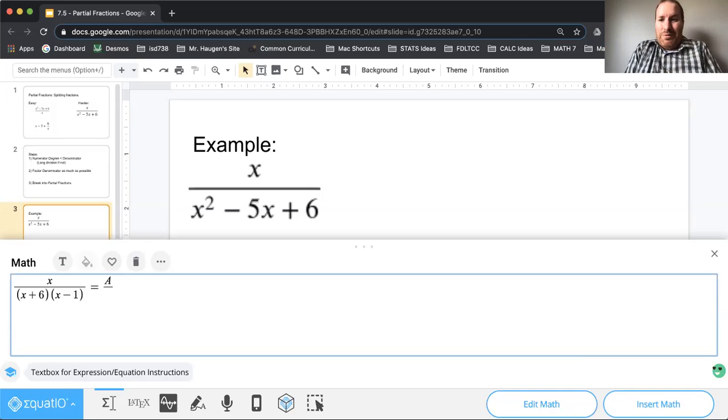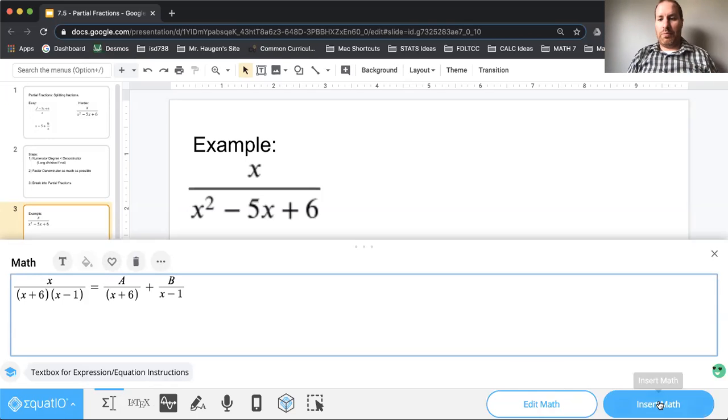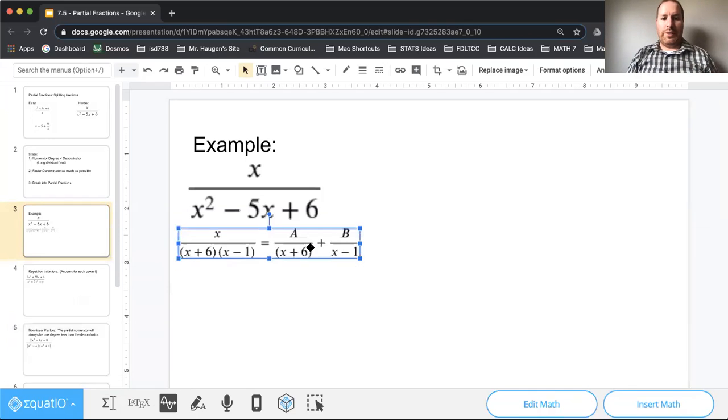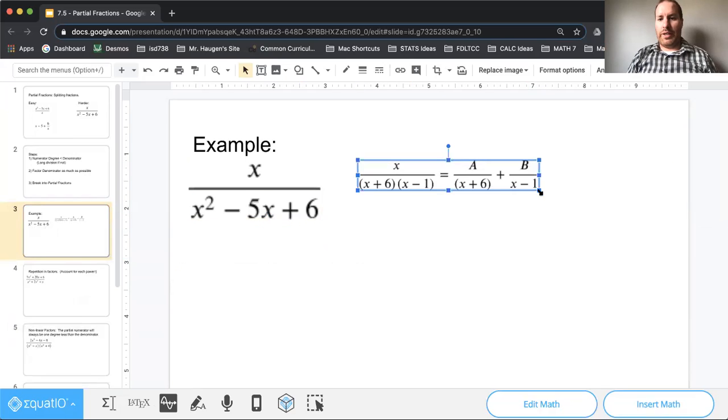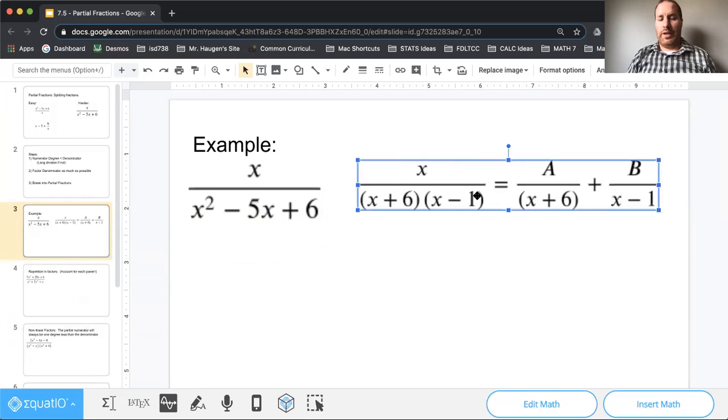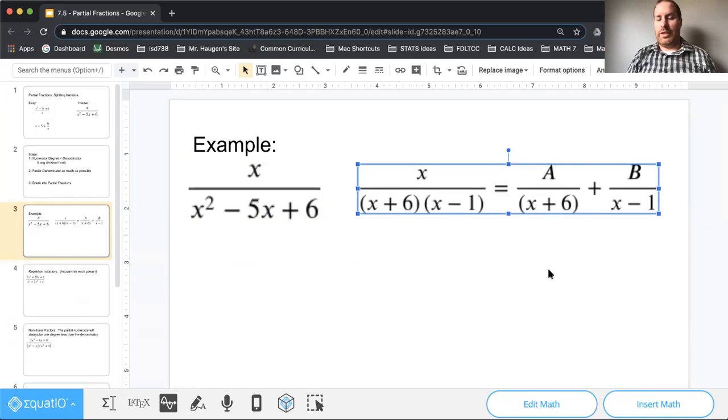It's got to be something, I don't know what, over x plus 6. Wouldn't that be nice? And then plus something more over x minus 1. That's kind of the key piece. And so this is our initial way to break it into our partial fractions.